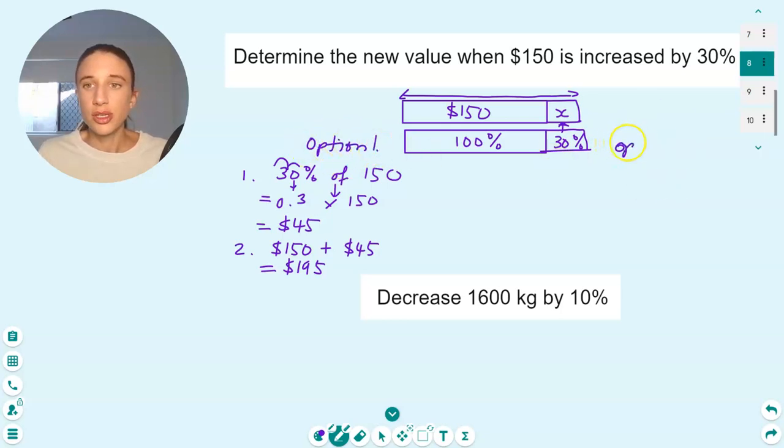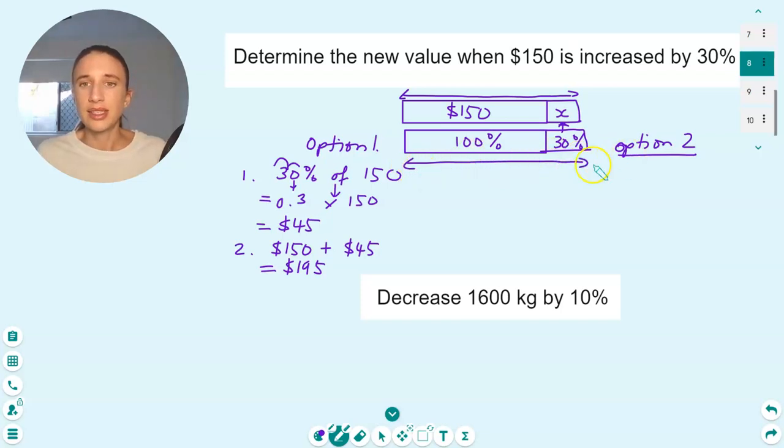This is option 2. Option 2 means this whole thing is 130% of 150. You can just say 130% of 150, since 100% plus 30% is 130%.